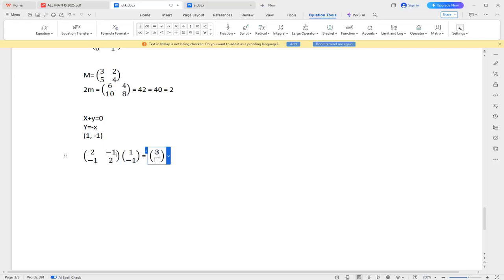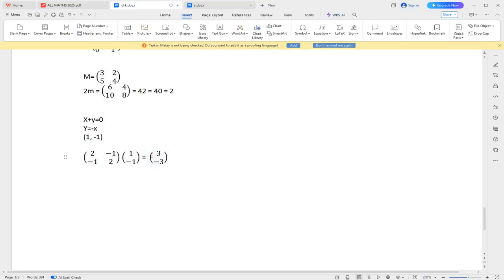And finally, -1 times 1 is equal to -1, 2 times -1 is equal to -2. -1 minus 2 is equal to -3. So the line is almost the same, because this is the same as 3 times (1, -1). So this line can be considered invariant, but we have to continue by doing the other lines for quantification.